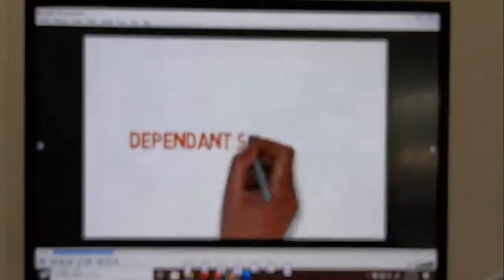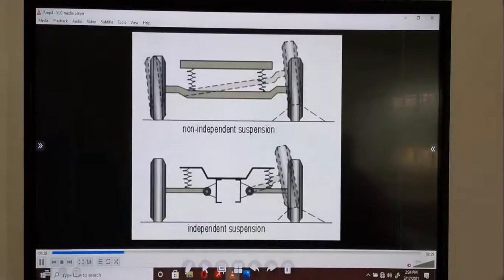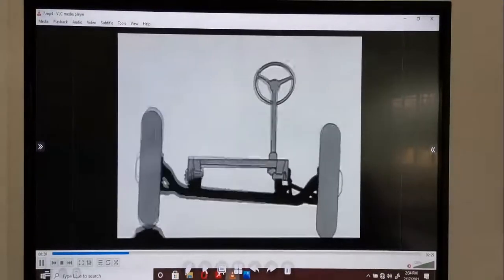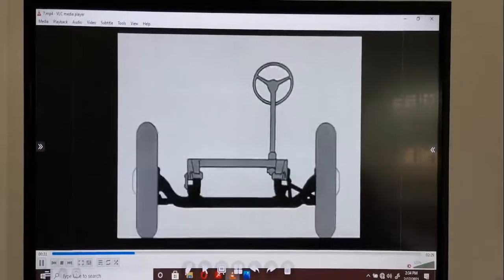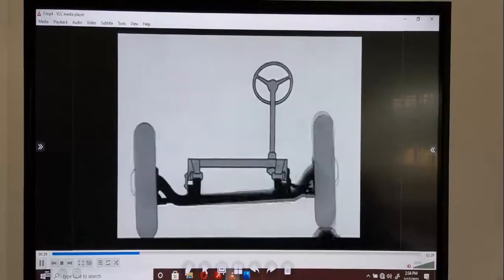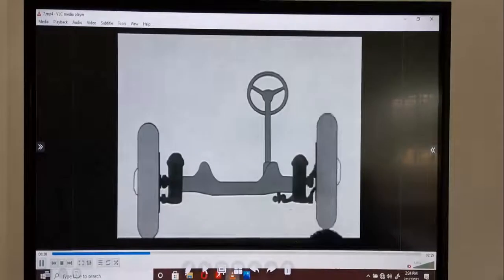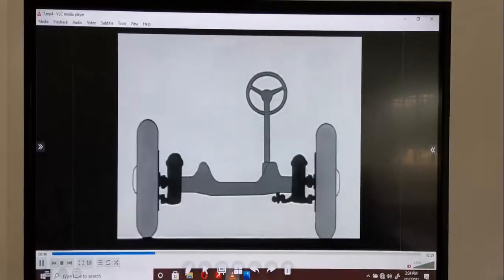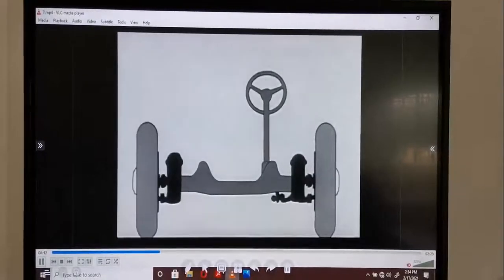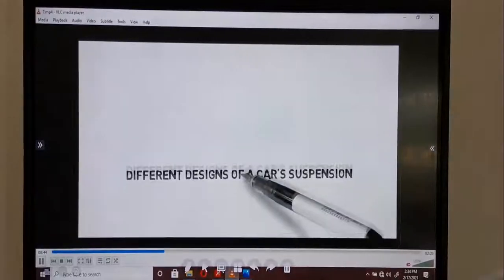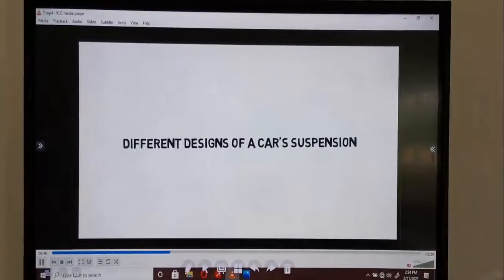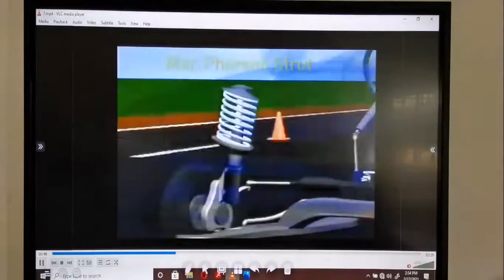There are two types of suspension system: one is dependent and another is independent. Dependent means when the suspension works, the vehicle frame also vibrates or moves. Now you can see this is independent, so only the wheel and suspension systems work. The body frame does not get any stress or vibrations.